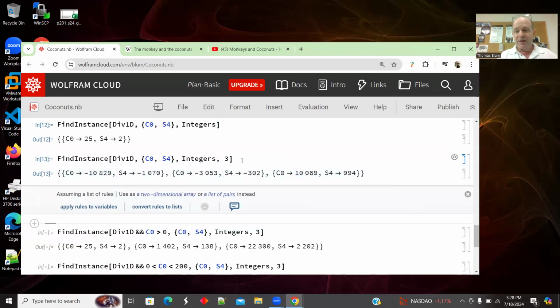I don't understand what it's doing behind the scenes, but it's all over the place. When I didn't specify, it gave me this nice simple one close to the first positive one. Now it's giving me one that's very negative, one that's fairly negative, one that's fairly positive.